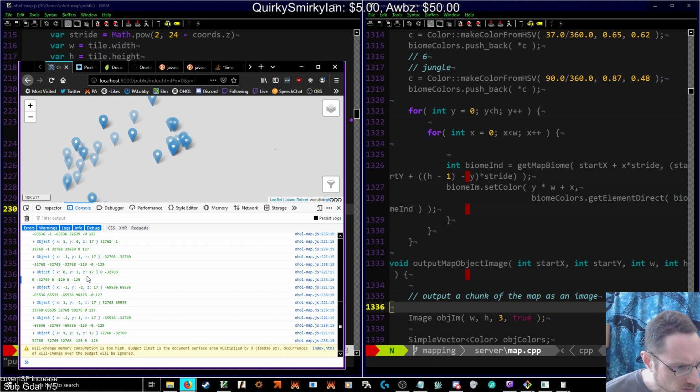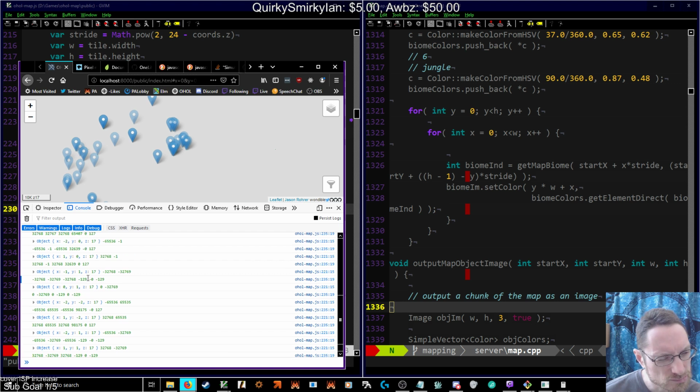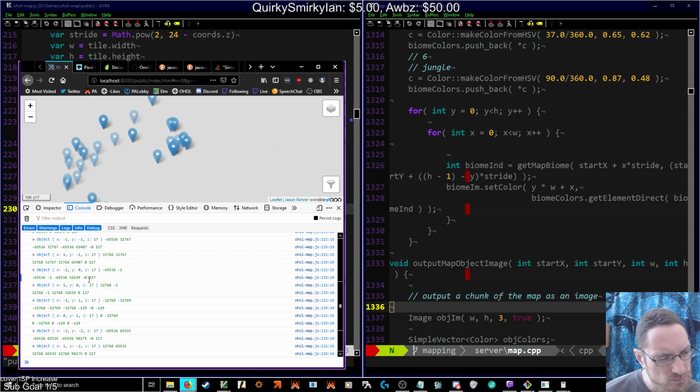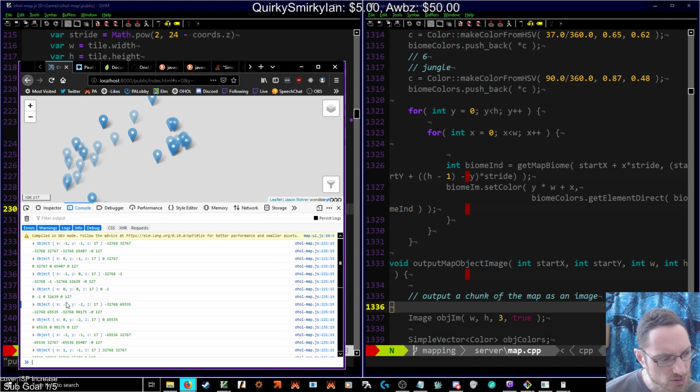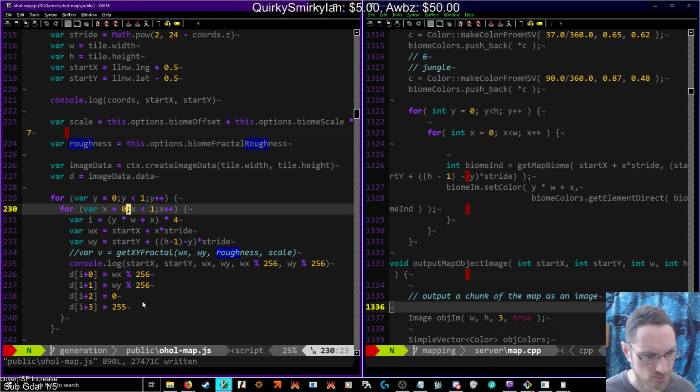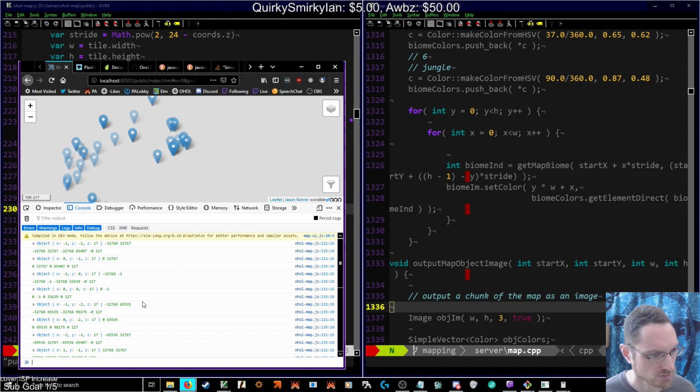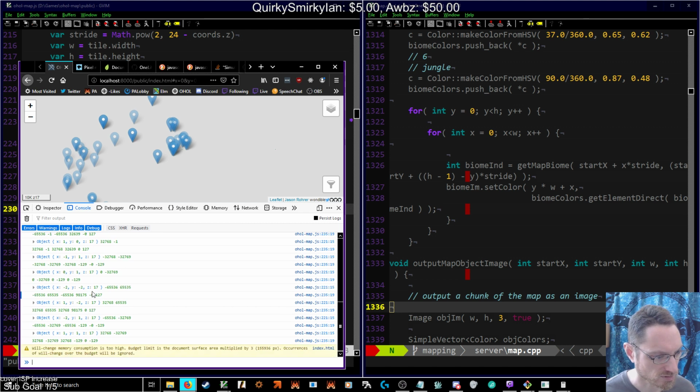Okay, so for something like 0, 0, 0, negative 1. 0, negative 1. A very, very, very large number. Oh, this is at scale 17, so that's believable.